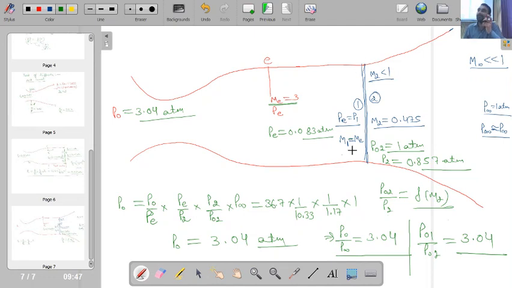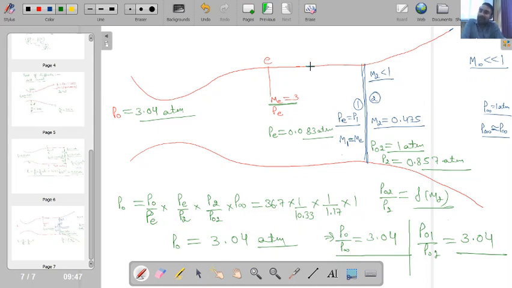This is one important observation. So if you have a constant section and then you are using a diverging duct, whatever normal shock wave forms, the total pressure ratio across that normal shock wave will become equal to the pressure ratio required to maintain the desired Mach number. Up to this point, is it clear?